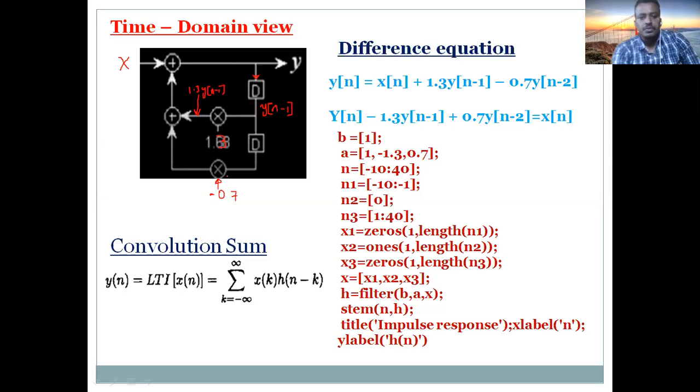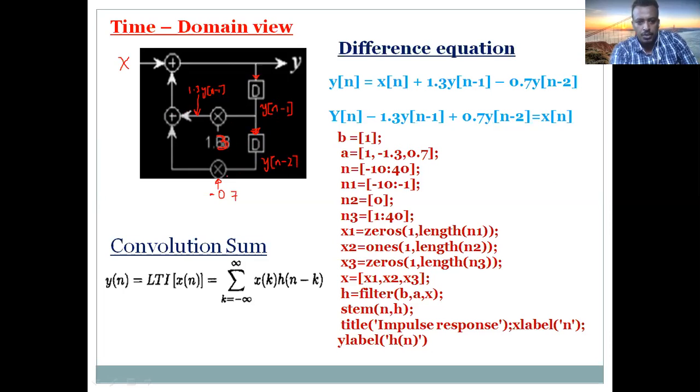Right? So it's delayed by 1 first, then it's multiplied by 1.3. This is a 1.3 multiplier. It comes here. This y n minus 1, again delayed by 1, will be y n minus 2.